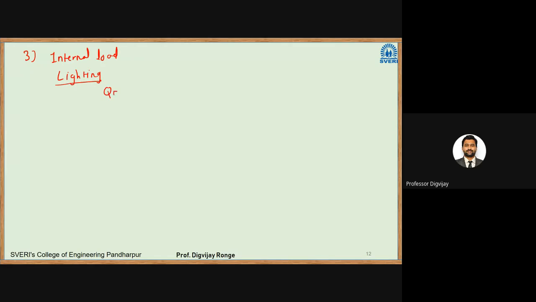So that will be Q5 is equal to total number of lamps, into time, so time when it is on, into its wattage, divided by 1000. In this case, we have used 3 lamps, and we have assumed that these lamps are on for 4 hours per day.